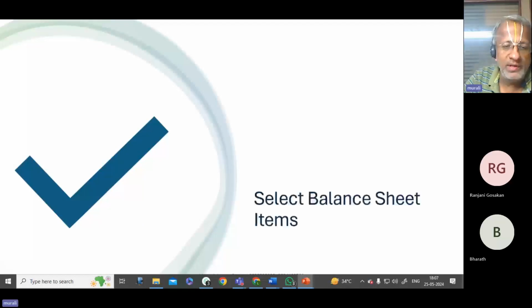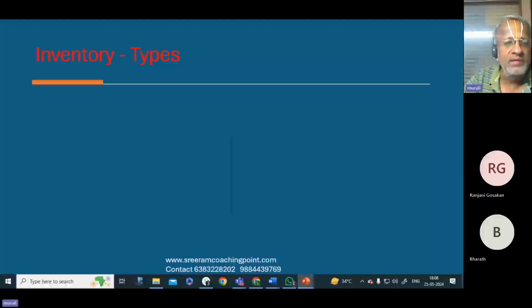Now let us take up select balance sheet items. Under that, the first item is inventory. We understand that the normal expectation would be 3 items: raw material, work in progress, and finished goods.